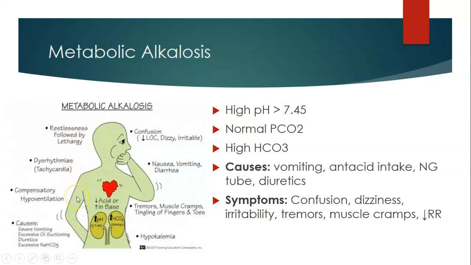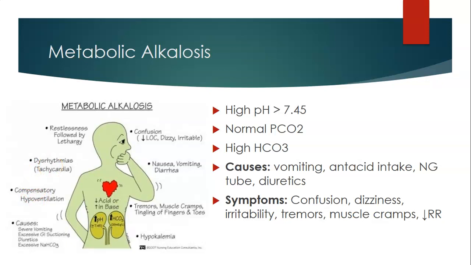So we go to our picture here, we've got our causes over here. Again, a decrease in acid or an increase in base will cause metabolic alkalosis, and those are your nice little kidneys over there. So restlessness followed by lethargy, compensatory hypoventilation, that's what we talk about when we talk about decreased respiratory rate.